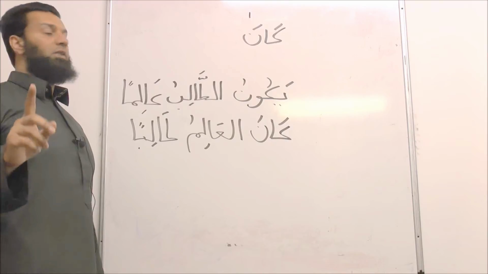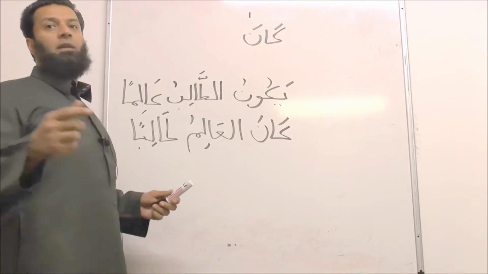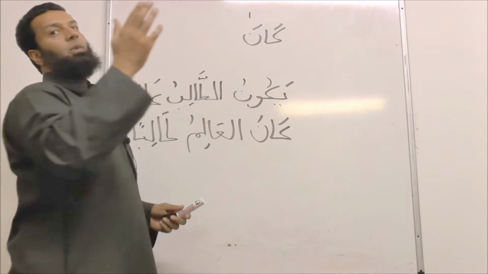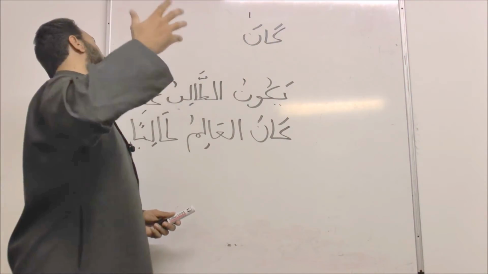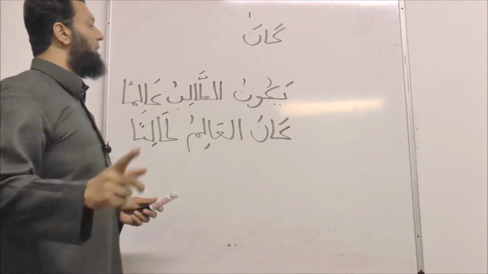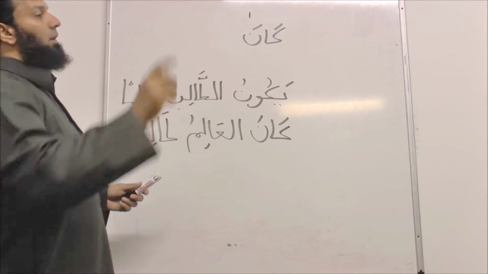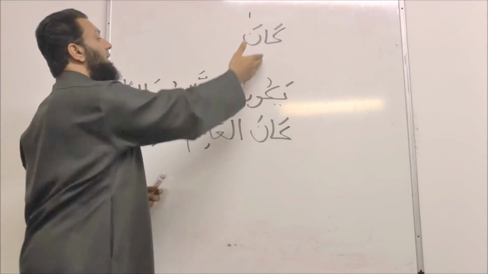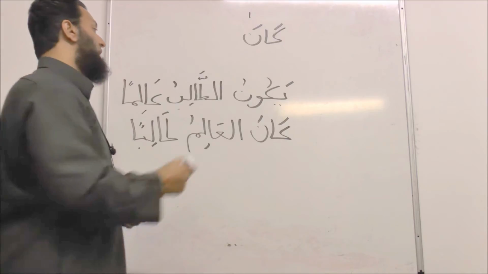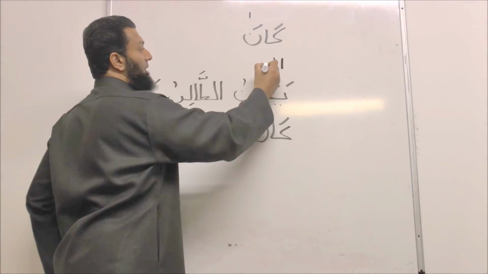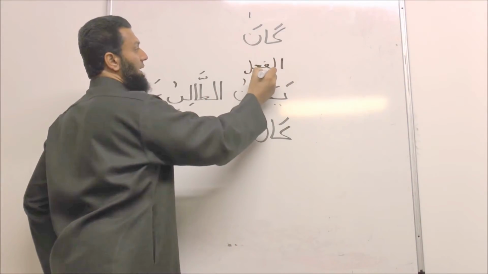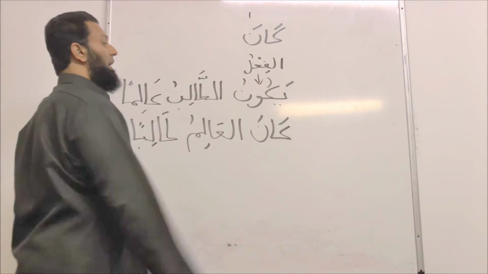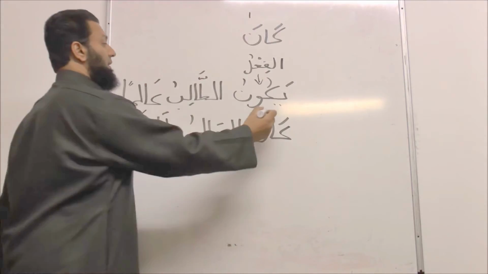Right? So, we mentioned that Kaana wa akhawatuha, Kaana and the verbs related to it, a sentence that contains Kaana is comprised of three parts. The first is that we have al-fi'lu, the verb, which is yakunu, and in the past Kaana there.